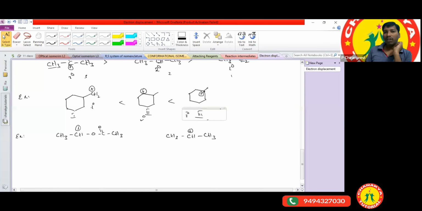The inductive effect is used to explain the stability of the carbocation, stability of the carbanion, stability of the free radicals, acidity of the aliphatic alcohols and carboxylic acids, and basicity of the amines. So all these factors are explained based on the inductive effect. It is a very important concept for the JEE level examination.